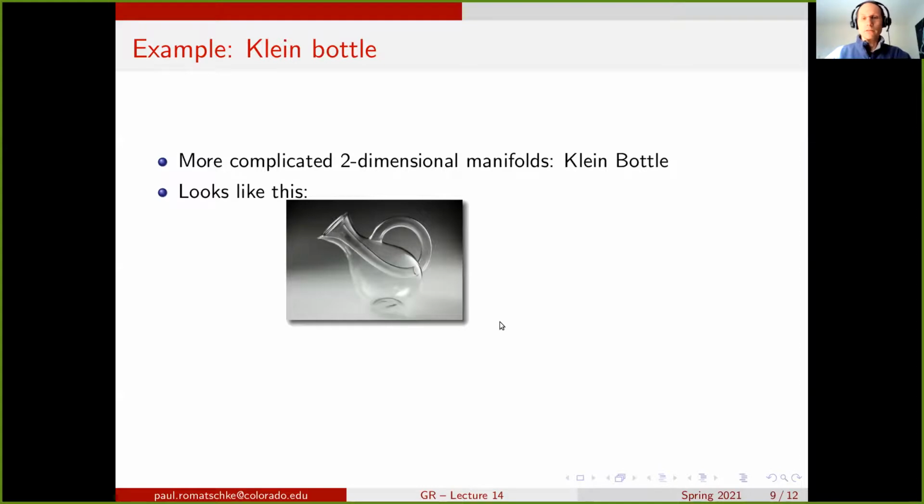So you can fill liquid, for instance, in here. And the interesting thing is that this basically only has one surface. It's just non-orientable as you go around. And you can convince yourself that this is also an example of a genus 2 manifold in 2 dimensions.